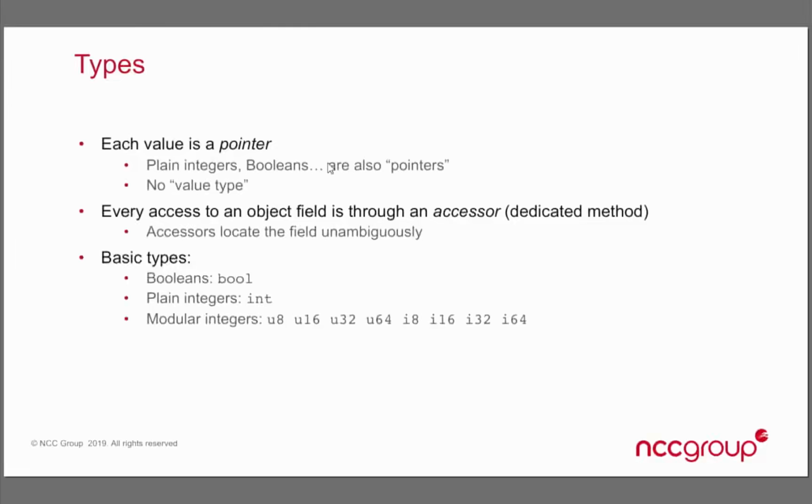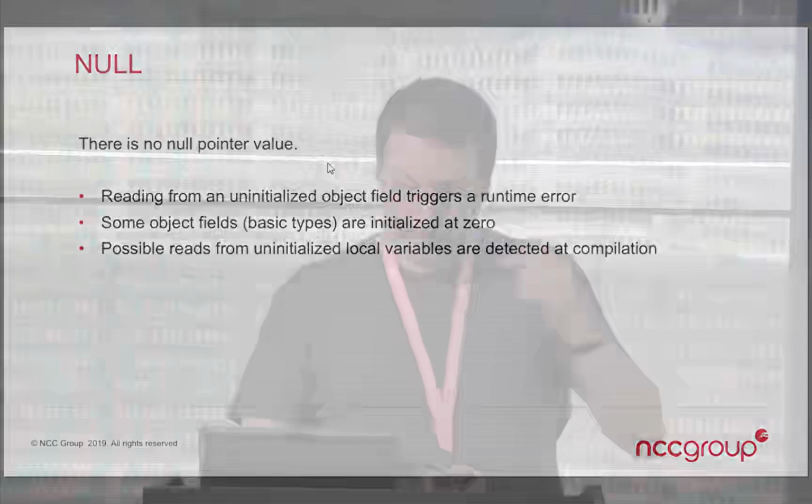So I've got a number of types, including plain integers and modular integers. Modular integers are the usual 16, 32, 64 bit integers. You know them. And there's no null pointer. I just don't want null pointers. Everything is a pointer, but there's no null. So there's no null pointer dereference, so it's not a problem.